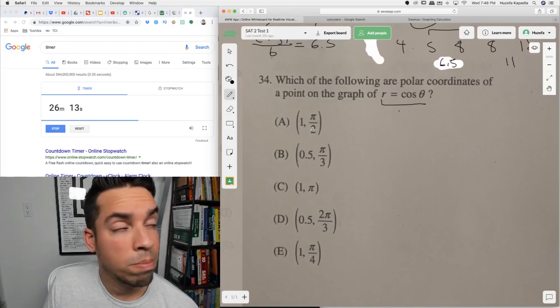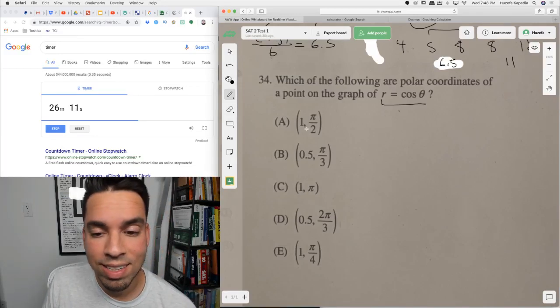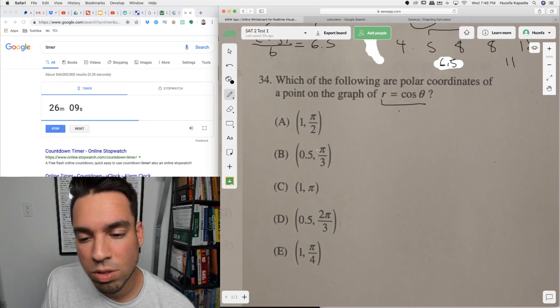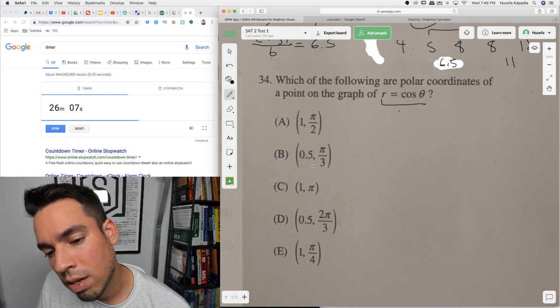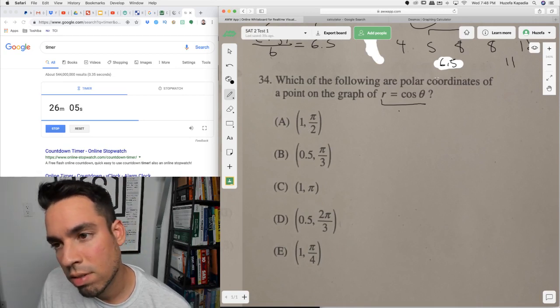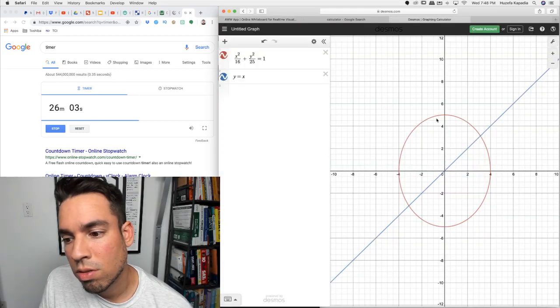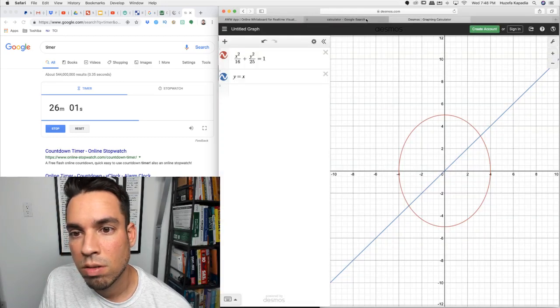Cosine. Okay, I'm just going to use regular coordinates where I know at pi halves, this thing is not equal to 1. It's at 0. It's equal to 1 at 0. At 0.5, is it 5 pi thirds?